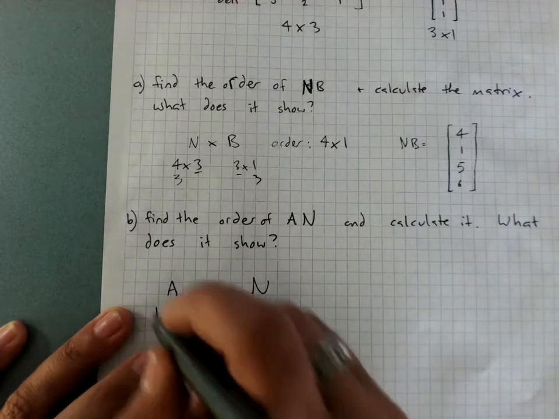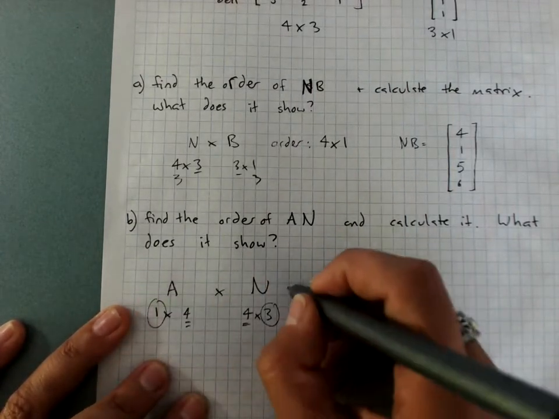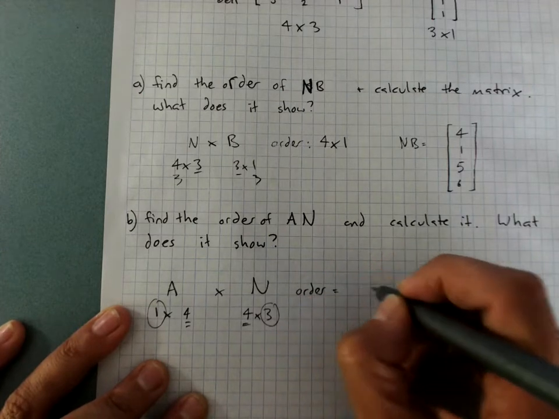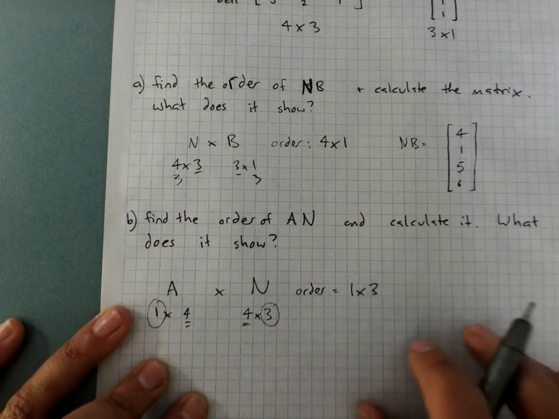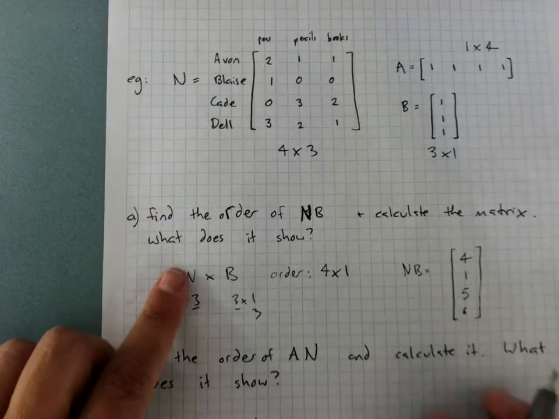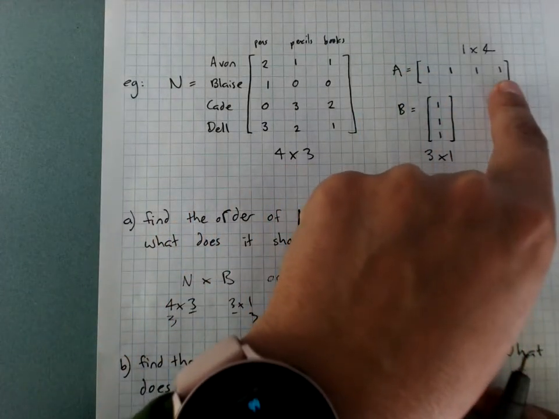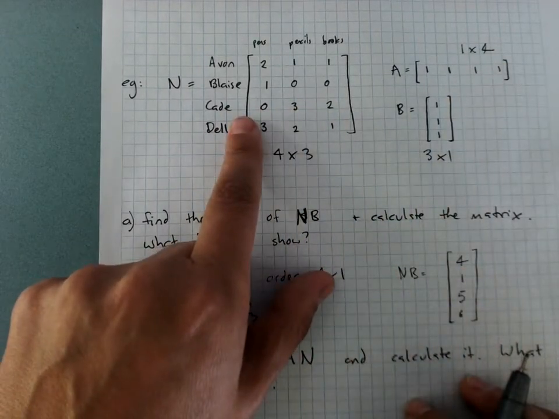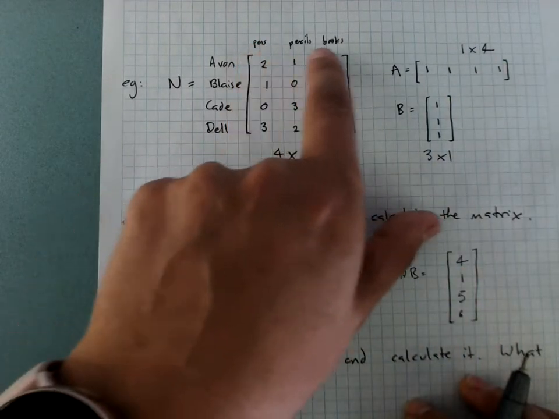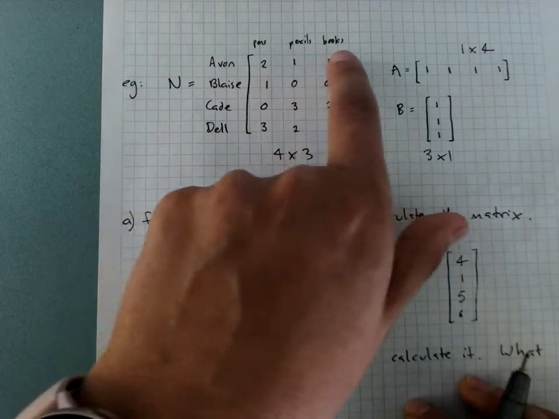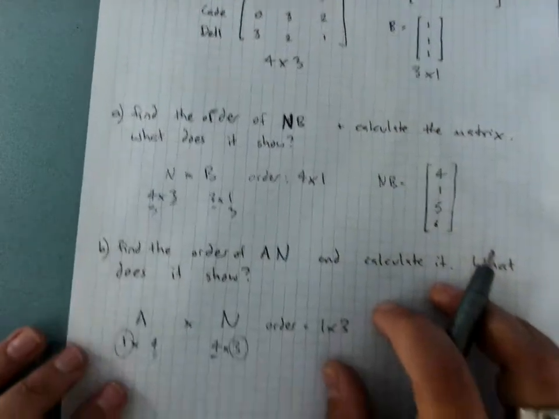That says, yes, I can do this. This says my order will be 1 by 3. Now, if I'm multiplying by A first and N second, that means these will be the headings of my columns.